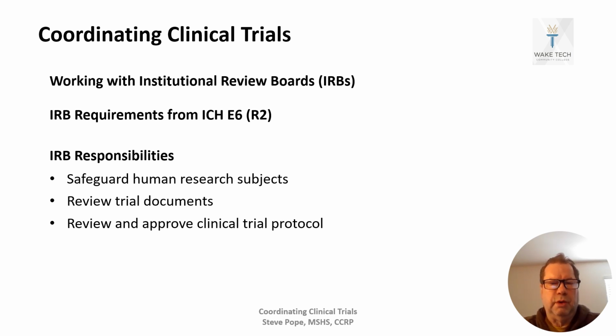So they're going to review all trial documents. That means any document that is handed to a subject. That could be an ICF, it could be a dosing diary, it could be some information about the study itself.